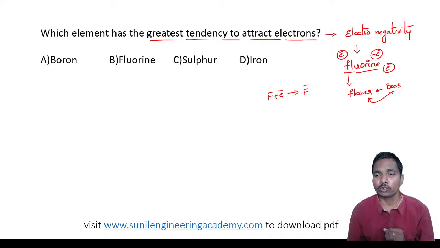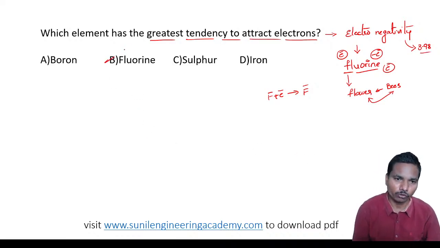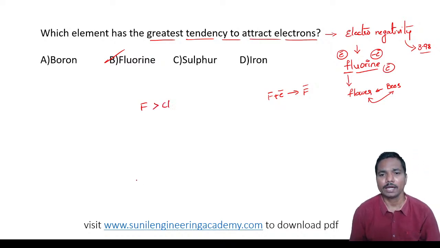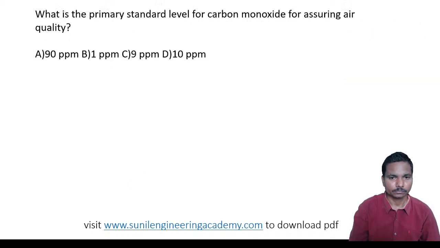Its electronegativity value is very high, approximately 4. After fluorine, chlorine has high electronegativity. So coming to the next question.